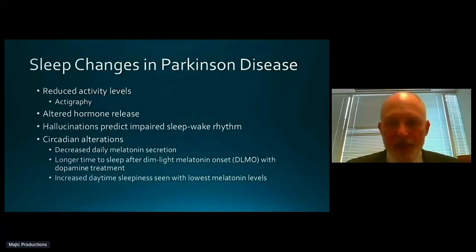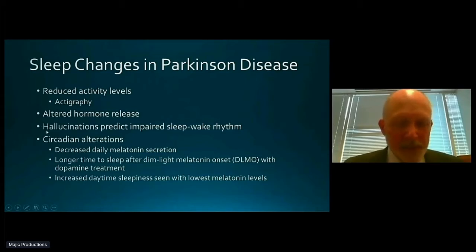Now, the sleep changes in Parkinson's. There's reduced activity levels, and I put actigraphy there because this has been proven. When people have Parkinson's, they're not moving as much. They have something called bradykinesia, or the slowing of movements, even though they have some unwanted movements with a tremor, but they're not as active. They have altered hormone release.